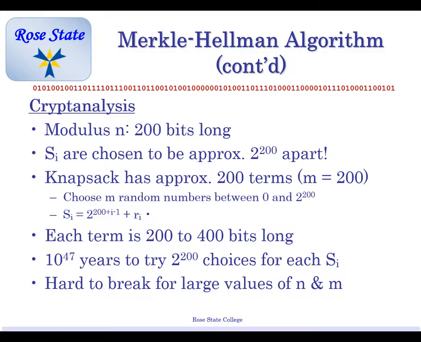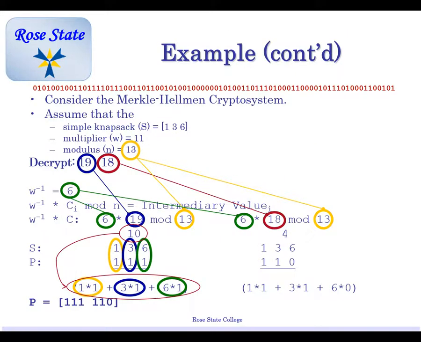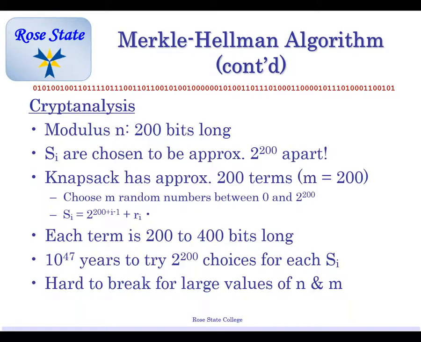So if the first one's 1, the second one is a big old number, then the third one's even bigger than that. And the knapsack is made up of 200 terms. We're working with, what, 3 over here? Imagine working with 200 of them. Each term ends up being between 200 and 400 bits long. So very, very large numbers.